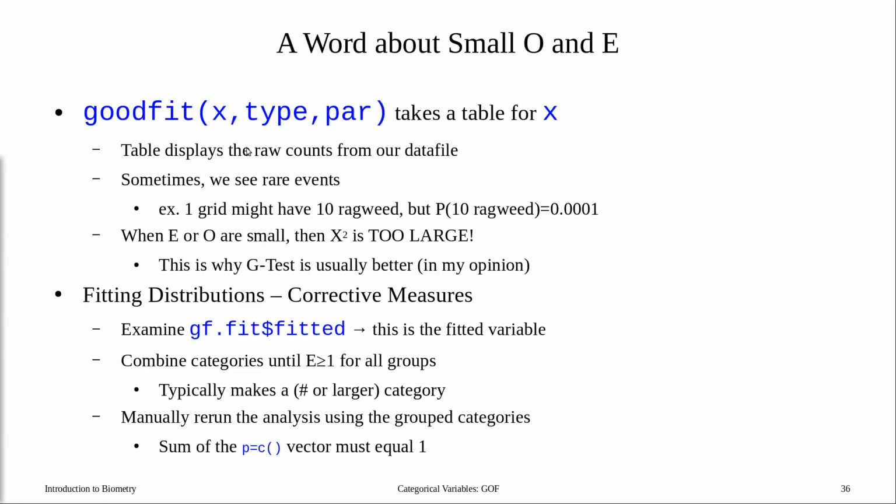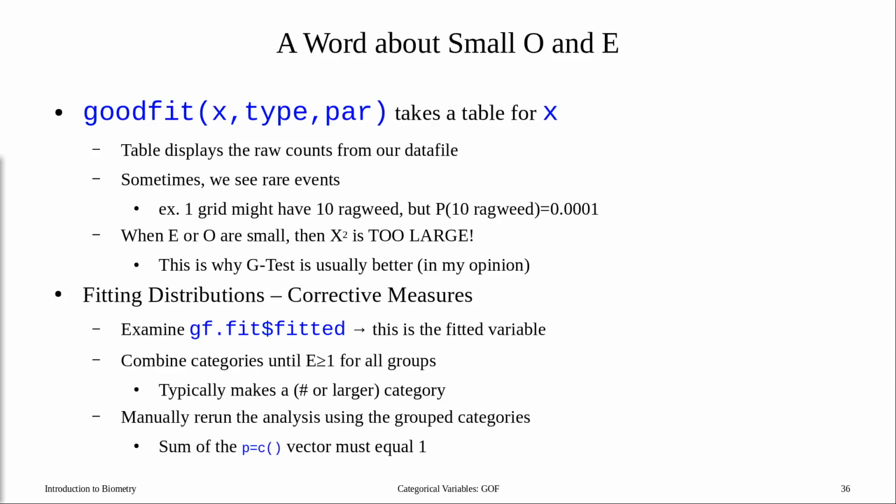So that brings us to small observed and small expected values. So goodfit will take a data set and generate our table. And it's possible that we have a rare event that occurs, or that we have something that should not be super rare, it just doesn't occur. So we end up with very small observed or very small expected values.